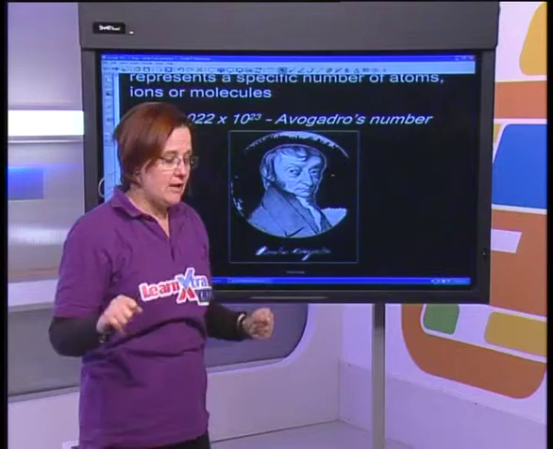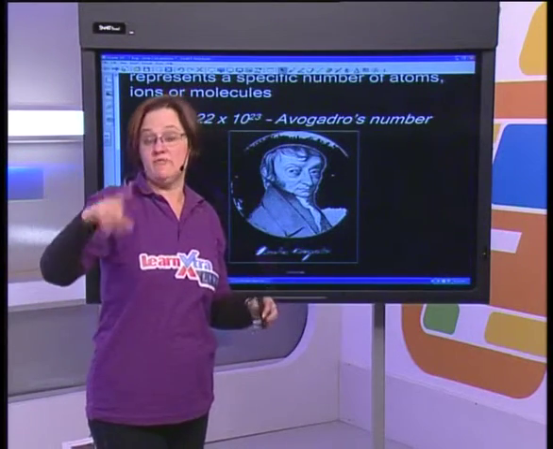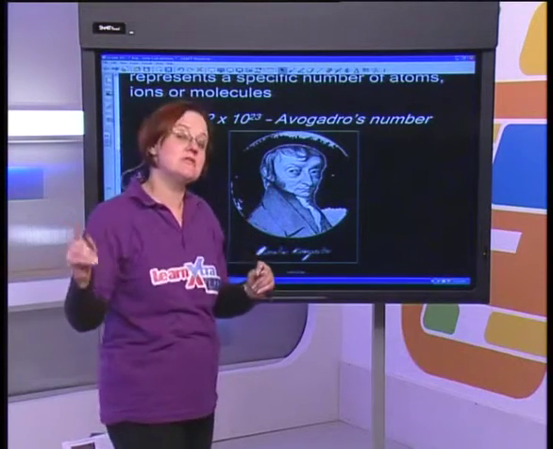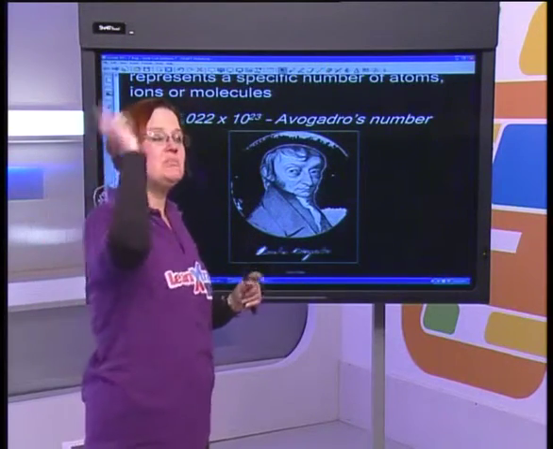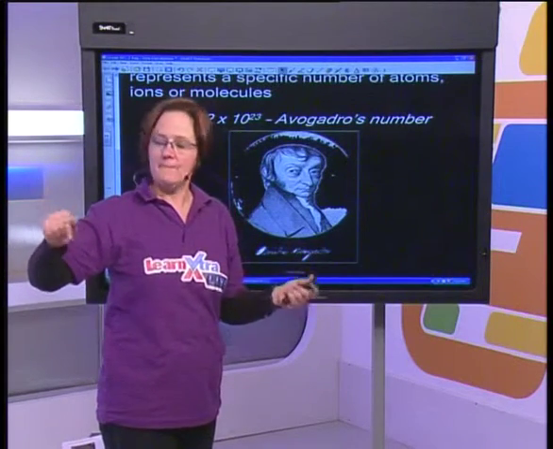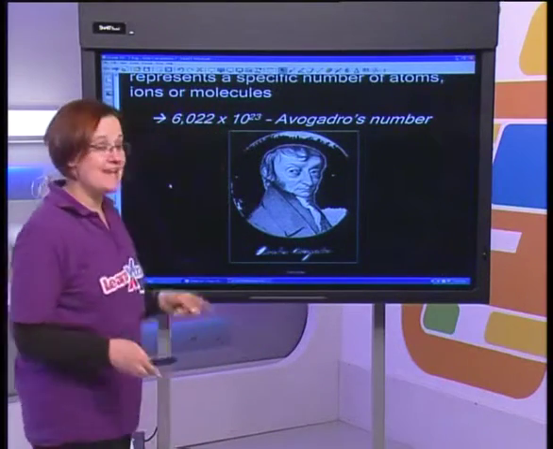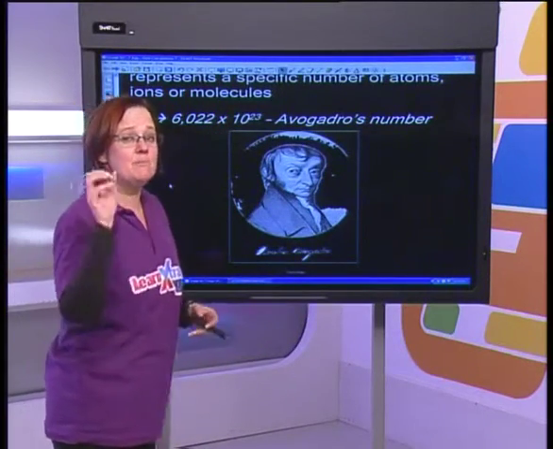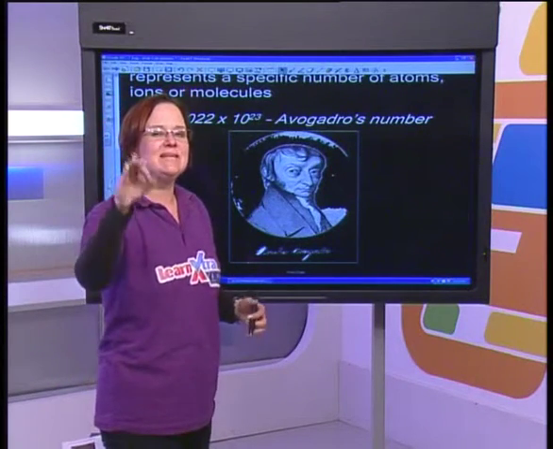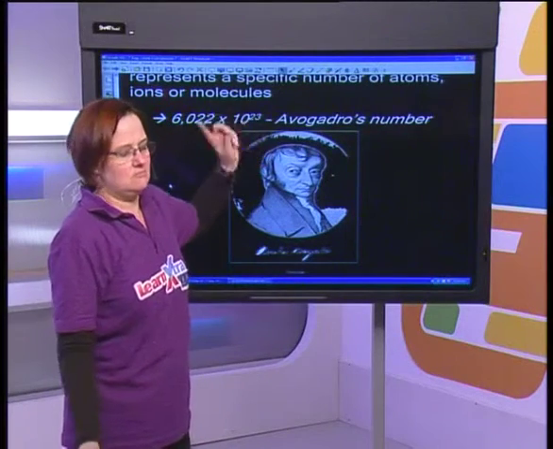If you took this amount of paper and put it over the state of California in 1 million piles of paper across the state, it would reach beyond the sun. That's how big this number is. Wow. And if a computer could count at 1 million numbers per second, it would take over 1 billion years to count to this number. It's just how big it is.